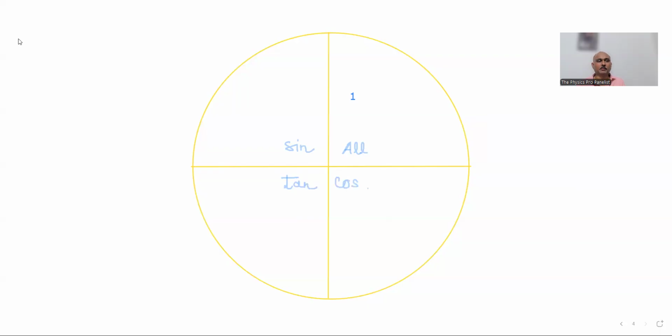So all sine, tan, cos. Remember this. So for the first quadrant, I am writing it in the first quadrant. Trigonometric values. Now, what are these trigonometric values? Sine, cos, and tan of all the angles. These are called trigonometric values. Trigonometric values of all the angles in the first quadrant.